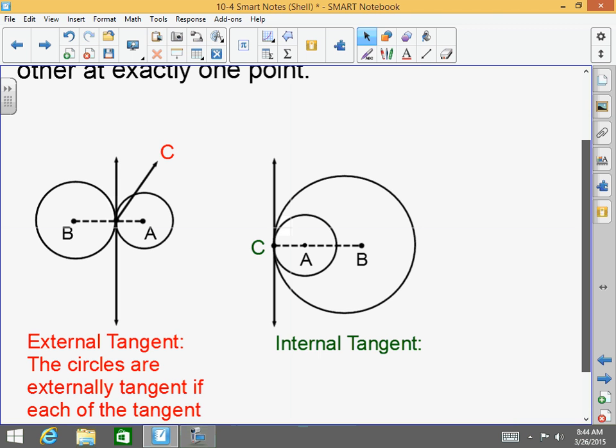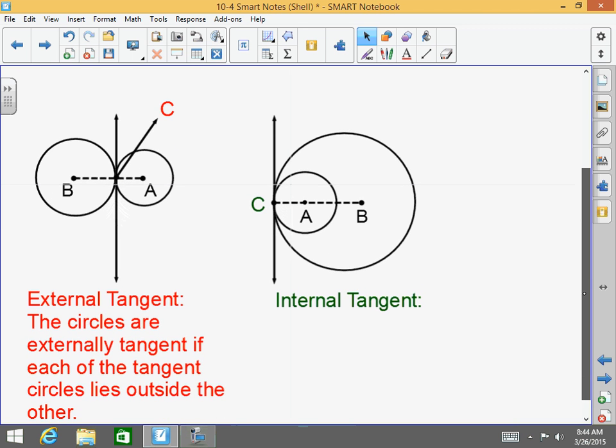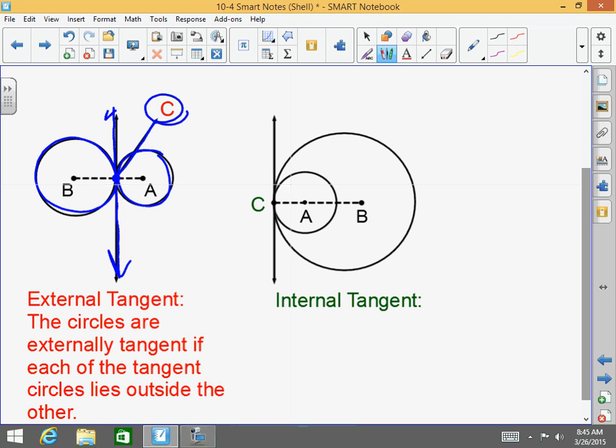The circles are externally tangent if each of the tangent circles lies outside the other. So this point of tangency here, which is C, is on the outside of both of these circles.